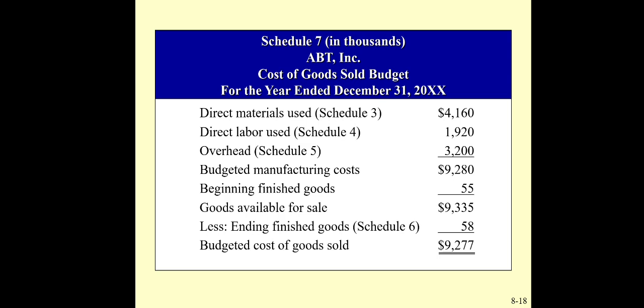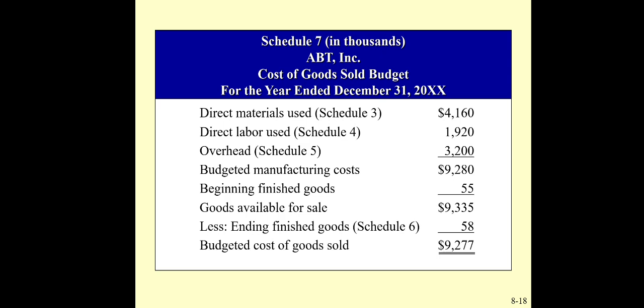And then the next thing that you have to show after calculating the budgeted manufacturing cost is the beginning finished goods. In this sample scenario, the beginning finished goods given is 55. And then the goods available for sale is the budgeted manufacturing cost plus beginning finished goods.